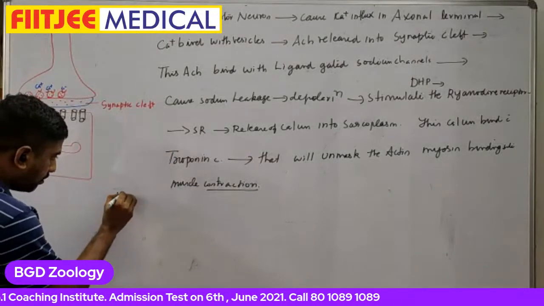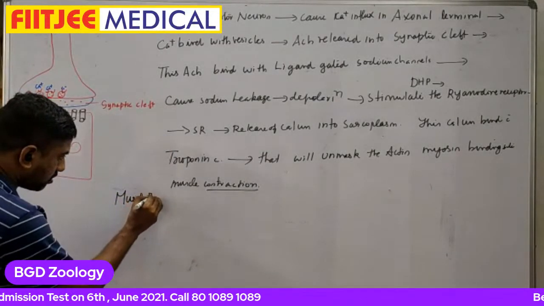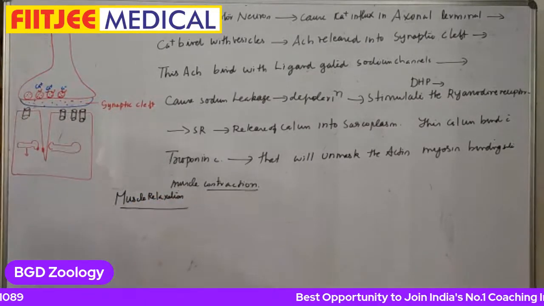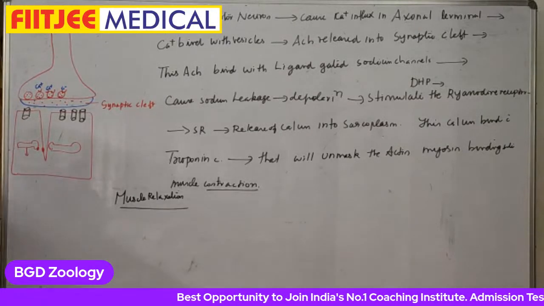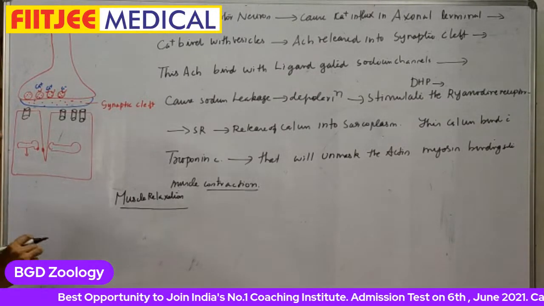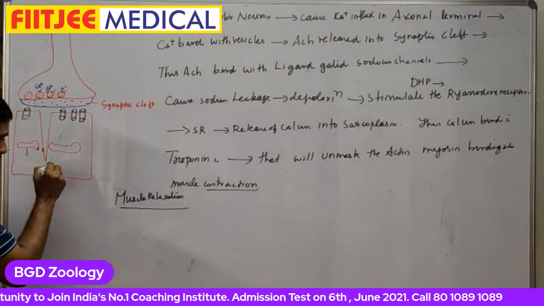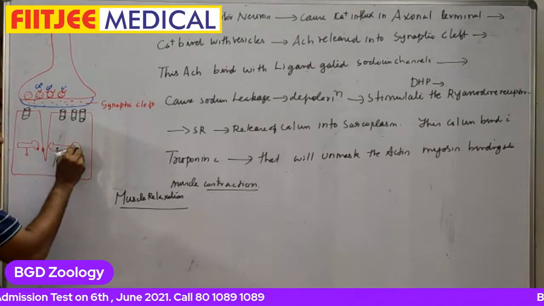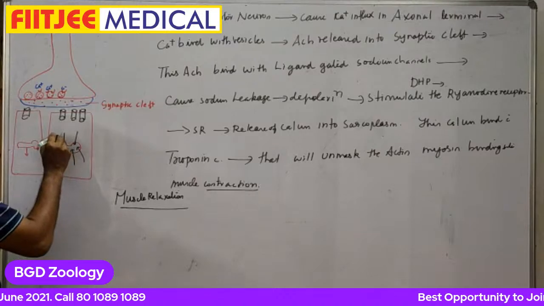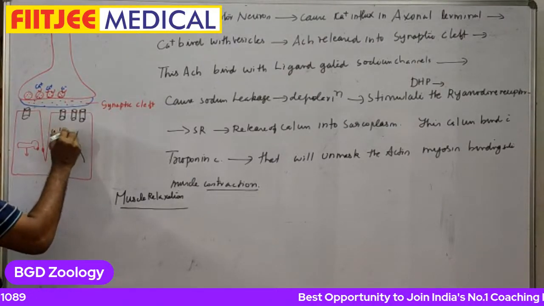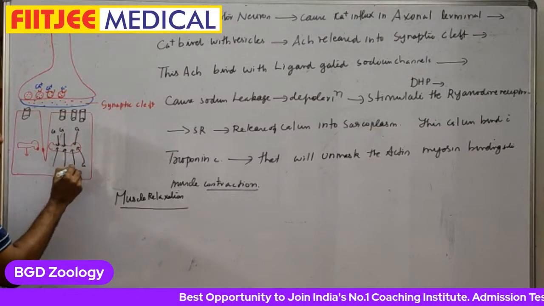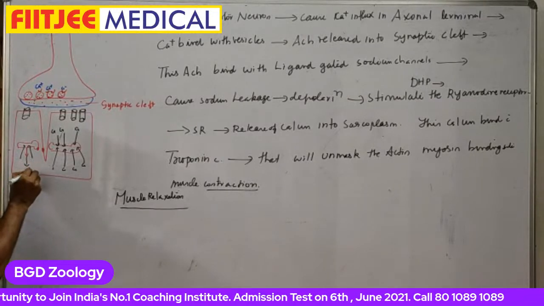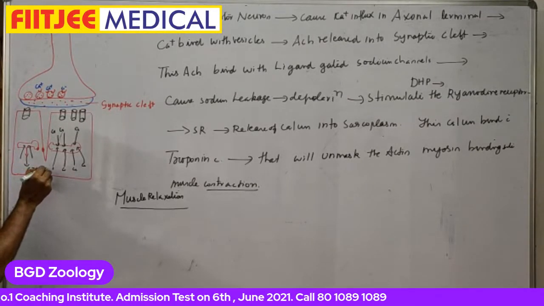Now what will happen during the time of muscle relaxation? This is very important, the same as muscle contraction. So during the time of muscle relaxation, listen very carefully. From the sarcoplasm, calcium will be taken back into the sarcoplasmic reticulum. How will this calcium be taken back into the sarcoplasmic reticulum?